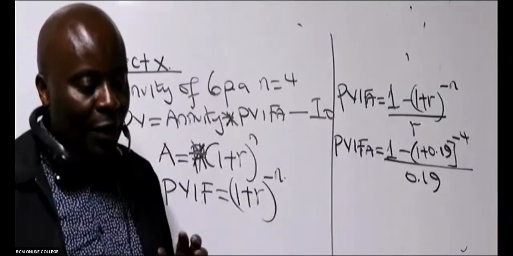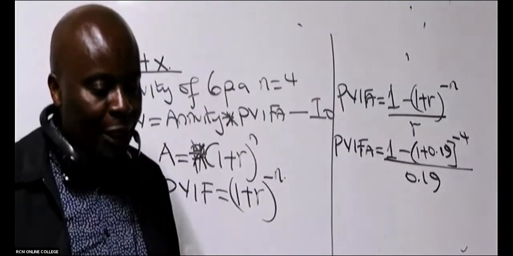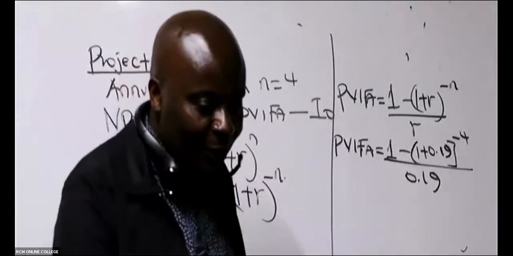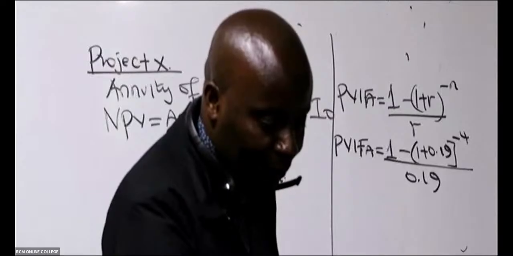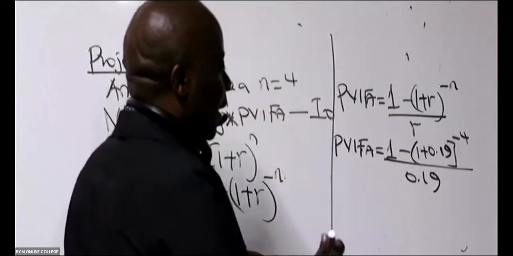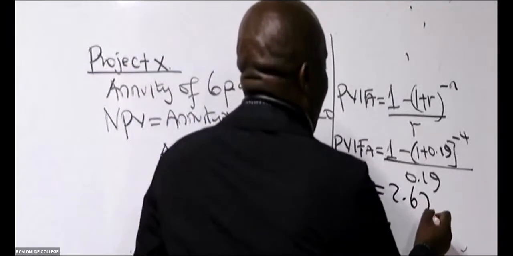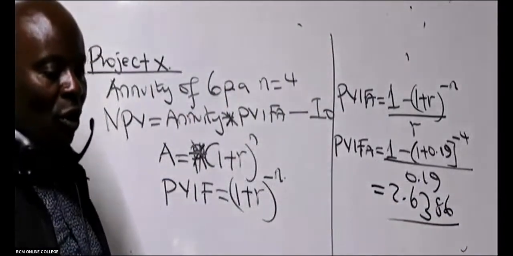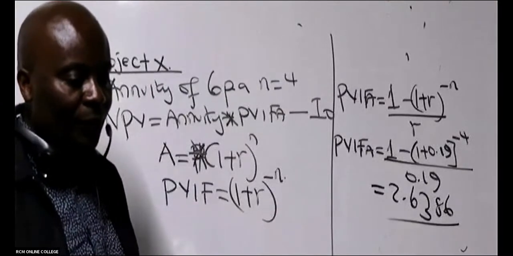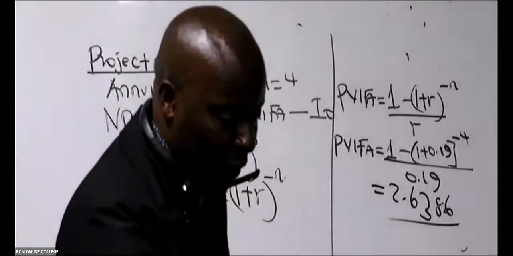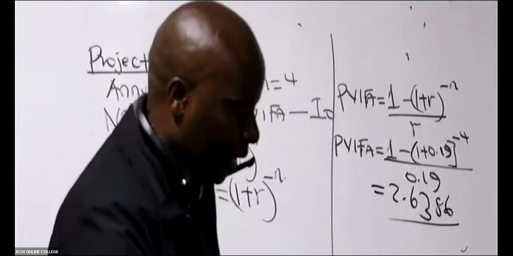So in that case, here I'm being given a PV of 2.6386. So all of us, are we able to get this answer? Yes, thank you very much.